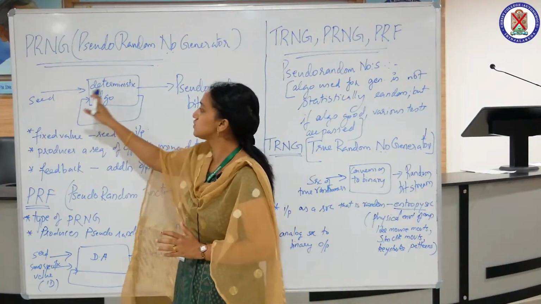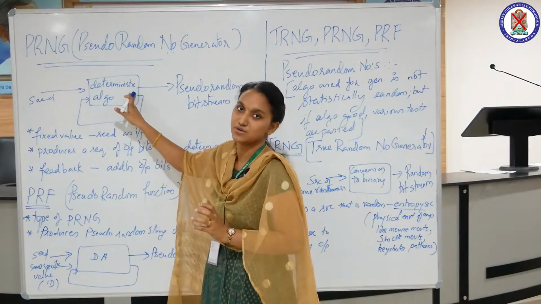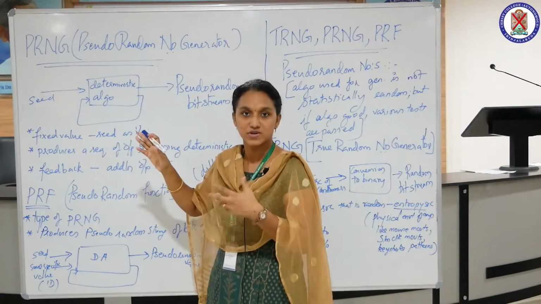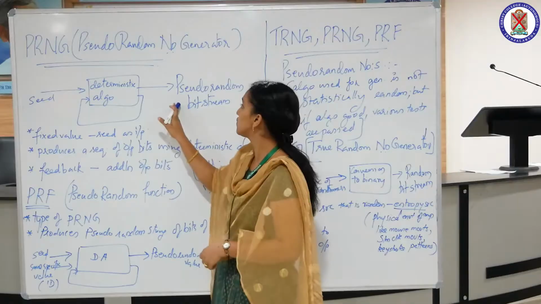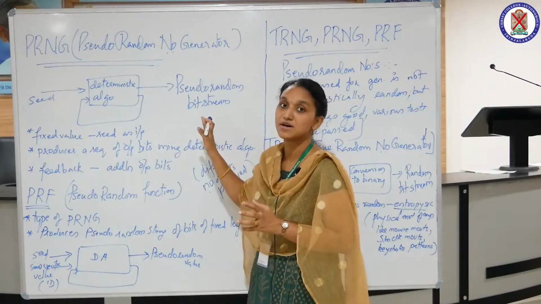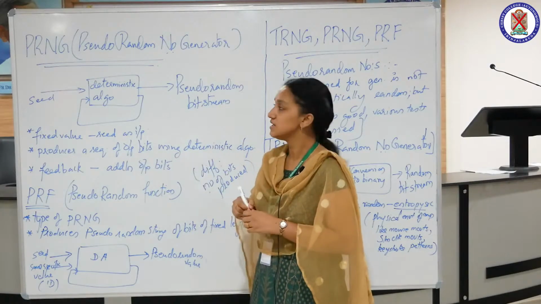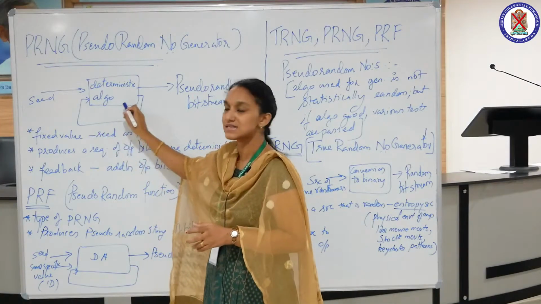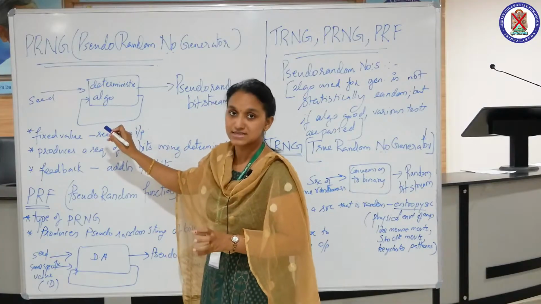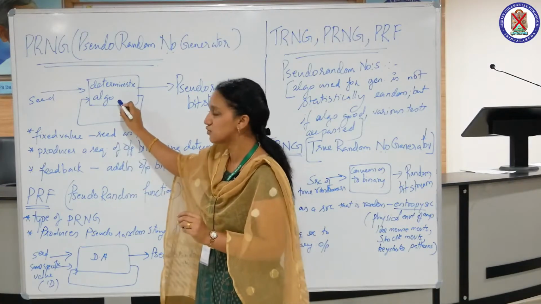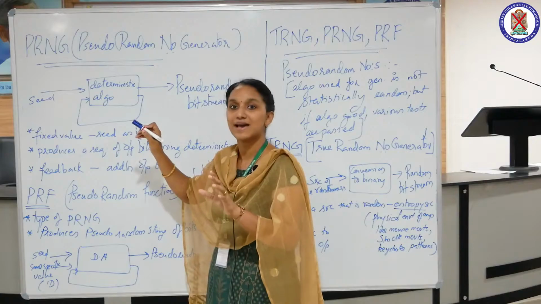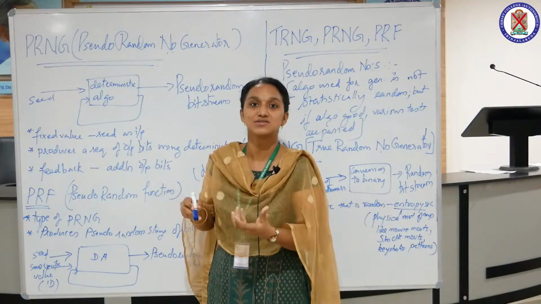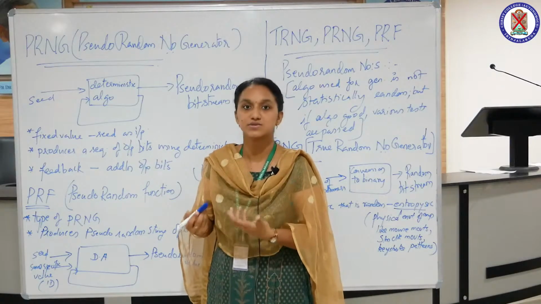It is fed into a certain deterministic algorithm in which the processing occurs, and finally you get a pseudo random bit stream. Clear? Now you have seen the arrow in the figure. This is nothing but a feedback. That is, some results of the algorithm are fed back to the algorithm in order to produce some additional output bits in case you need them.